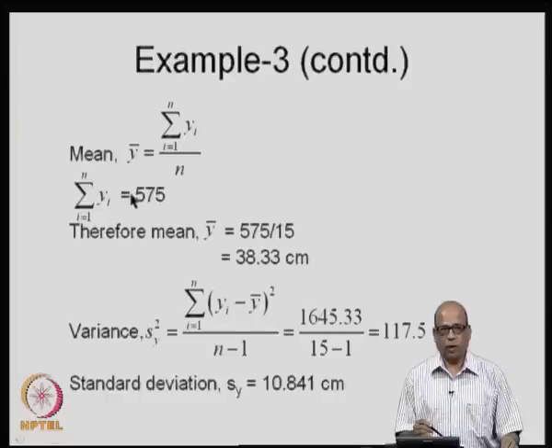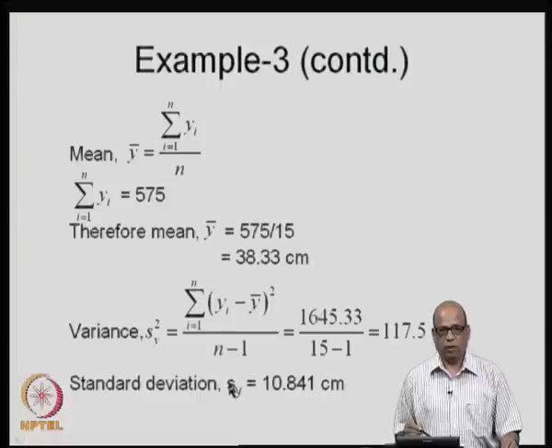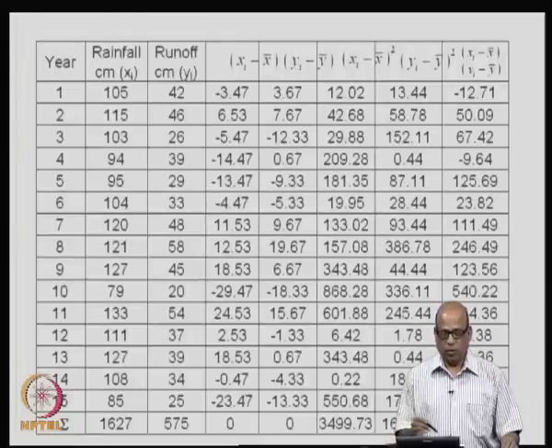Similarly, for y, which is the runoff, we estimate y bar as 38.33 centimeters and the variance as 117.5 centimeter square, and therefore, S y comes out to be 10.841 centimeters. Once we have the mean and the standard deviation, we open out columns like this.